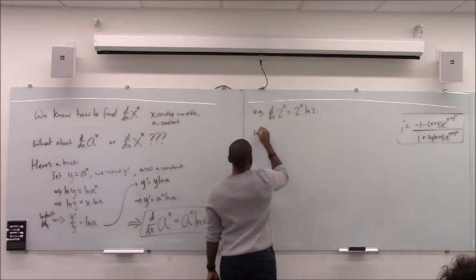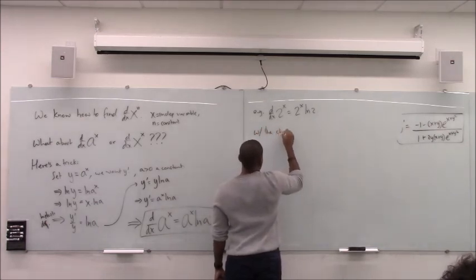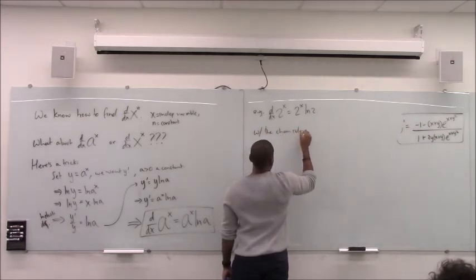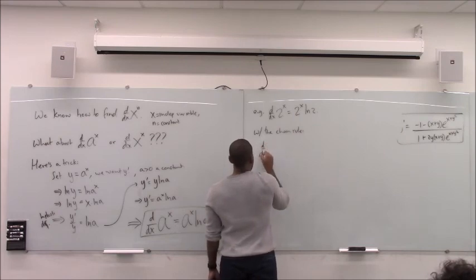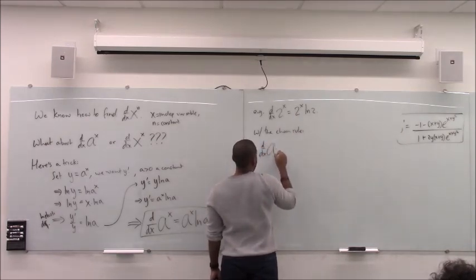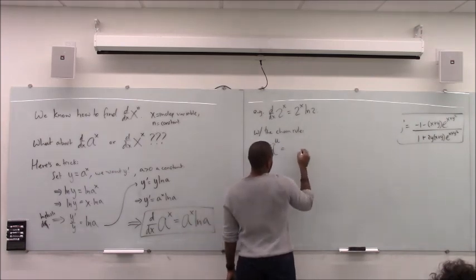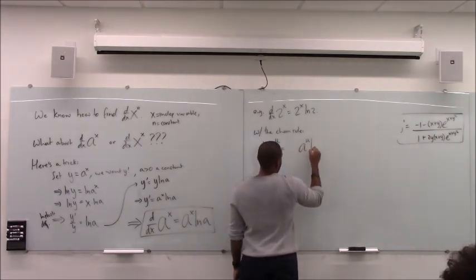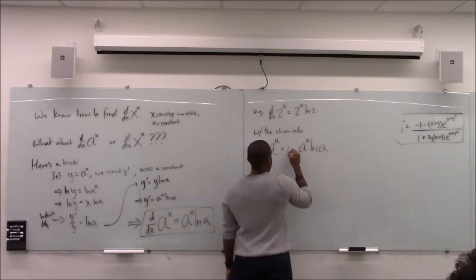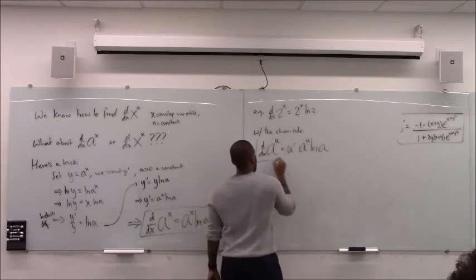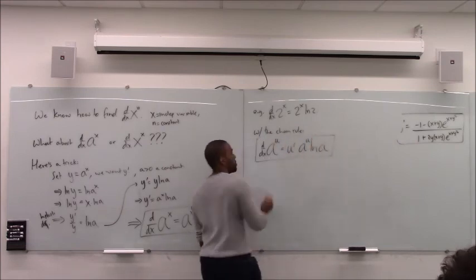And with the chain rule, I can generalize this rule a little bit. Suppose I have a constant base and the power is not just x, it's some function of x. Well, that just means you differentiate the outer function and multiply by the derivative of the inner function. So that's the chain rule version of the rule.